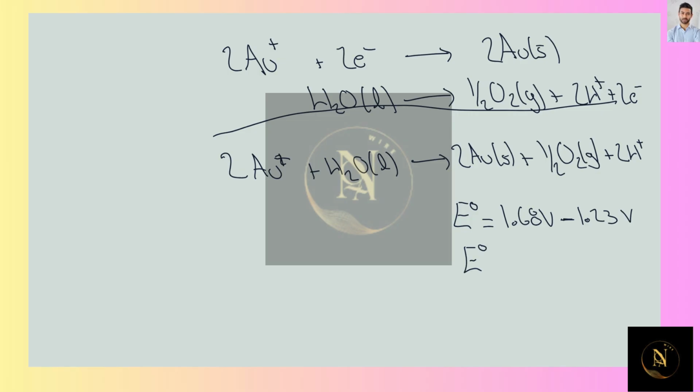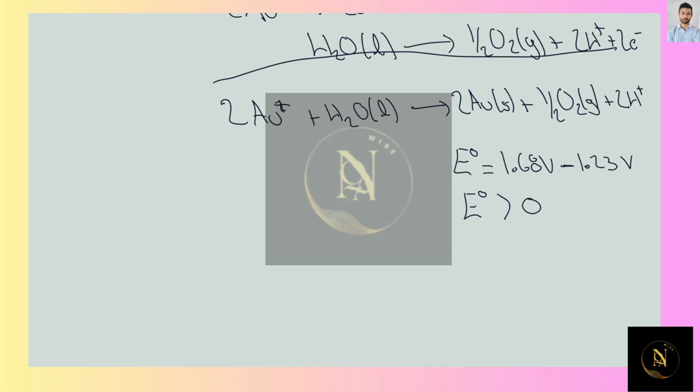Here we don't need to know the number; only by identifying that the E0 for the cell is larger than 0 is enough, because we know that delta G naught of the reaction is equal to minus nFE0 of the cell. This implies that delta G for this reaction is lower than 0.